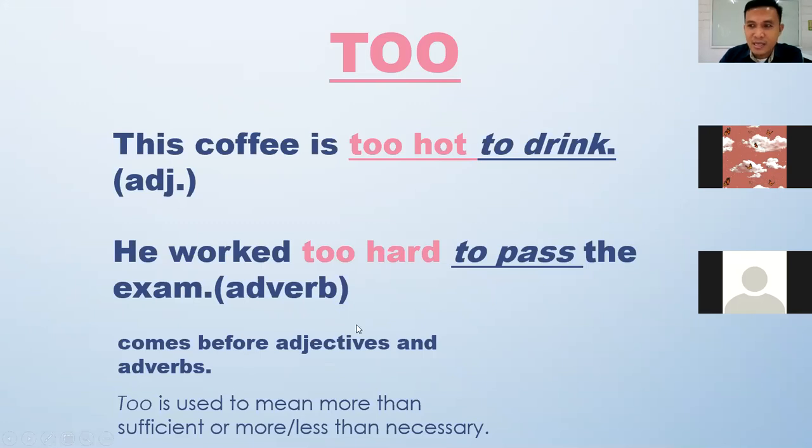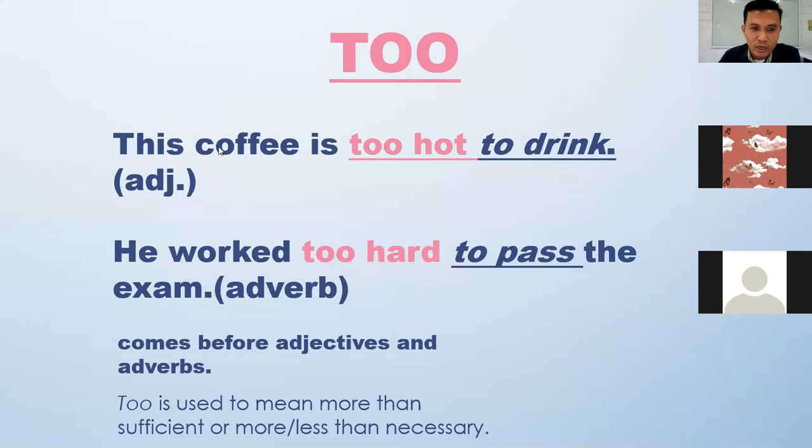You can use "too" before an adjective or before an adverb. So what does "too" mean? "Too" is used when you mean more than sufficient. Sufficient means enough; it is lebih dari cukup atau kurang dari yang dibutuhkan. It can be more or less than necessary.